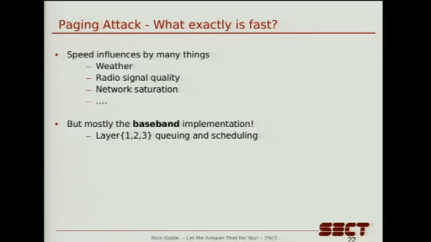But what actually makes the difference in practice is what's called the baseband implementation. Excuse me. The baseband is, in modern smartphones, usually a dedicated chip which runs its own operating system and protocol stack, which takes care of all the radio signaling. And it's usually comprised of 3 layers. Layer 1 is just the radio transmission over the air.